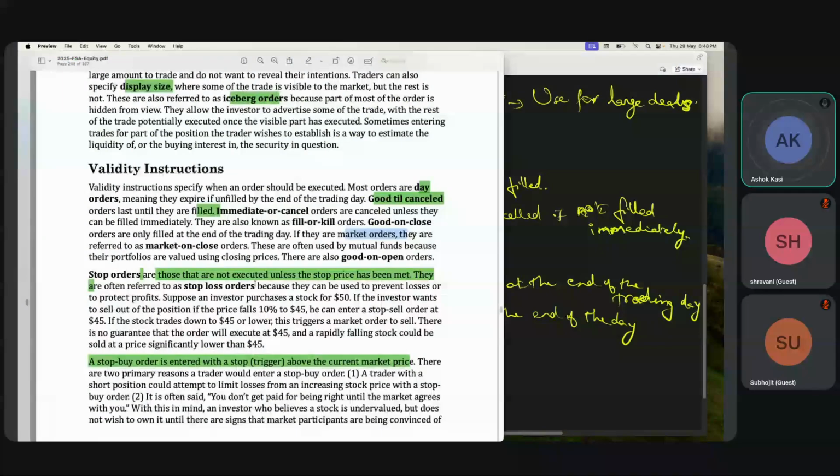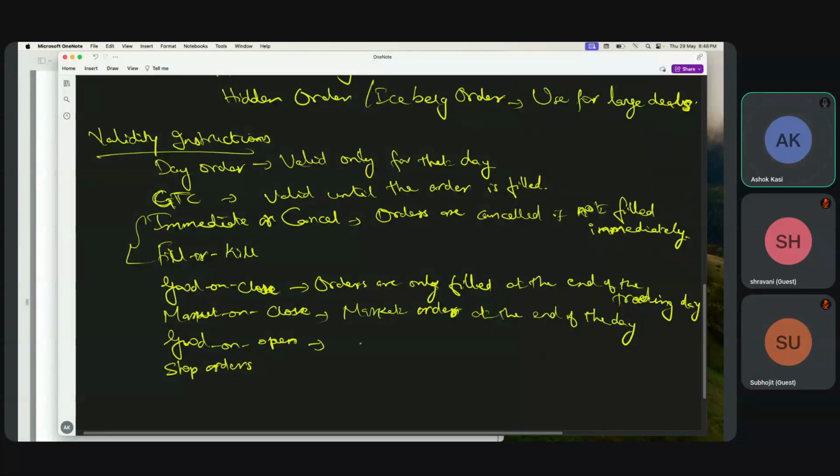Here, good on open: orders are only filled at the beginning of the day.